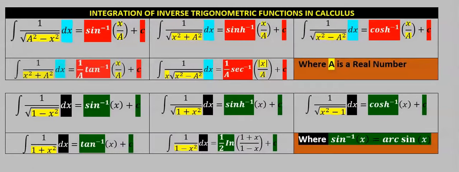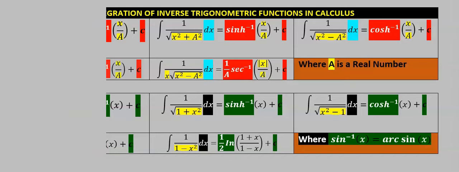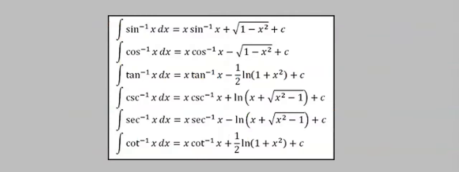These formulas and notations are very important when dealing with integration of inverse trigonometric functions in calculus. To be able to solve some problems in calculus in integration, you have to familiarize yourself with this concept, and likewise these concepts and formulas.